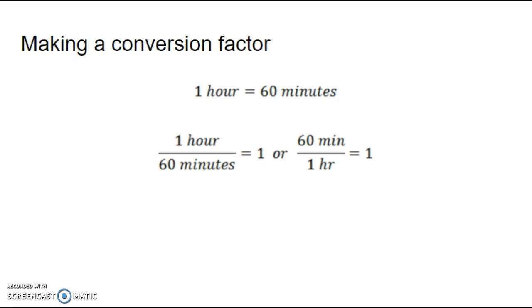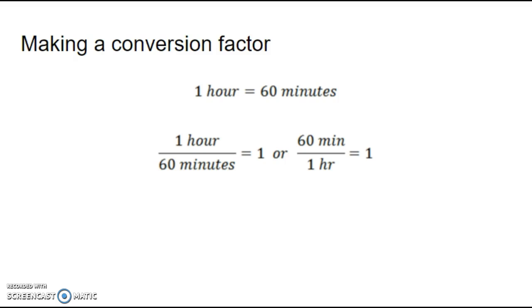So we could have 1 hour divided by 60 minutes, or 60 minutes divided by 1 hour. Both of these are equal to 1, because if we divide two equal things, we will get 1. Say, for example, we divided 5 by 5, it would equal 1. If you divide anything by something that's equal to it, it will always equal 1. And that's really important for our conversion factors.